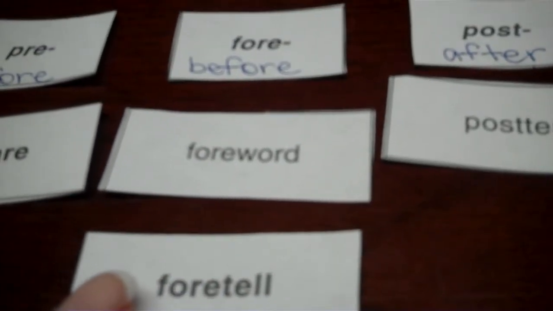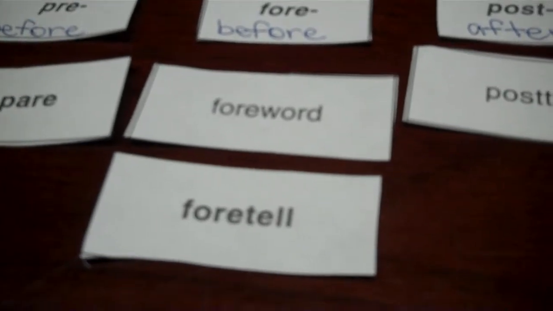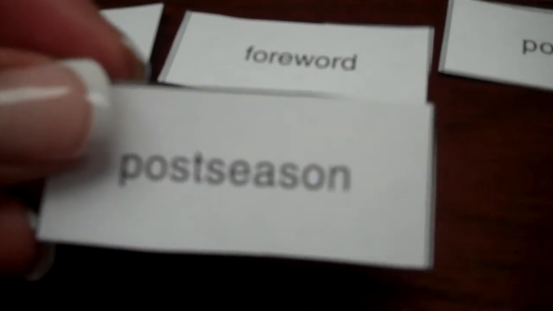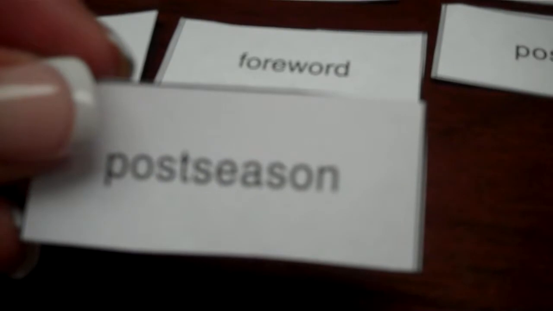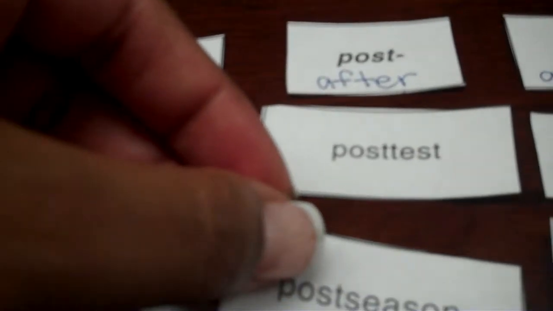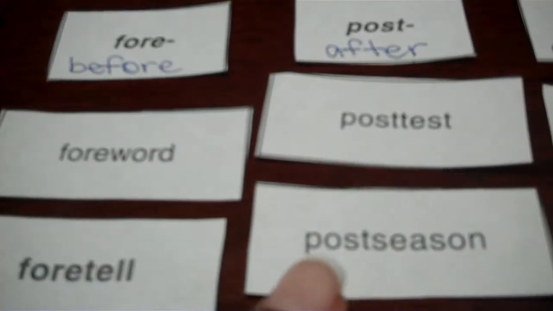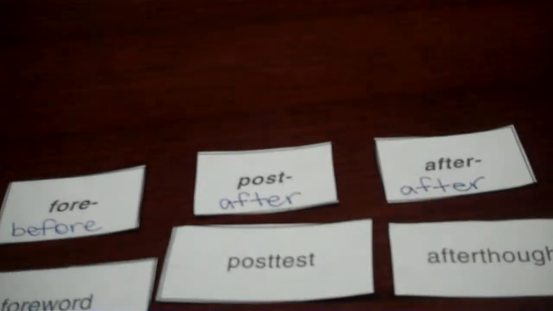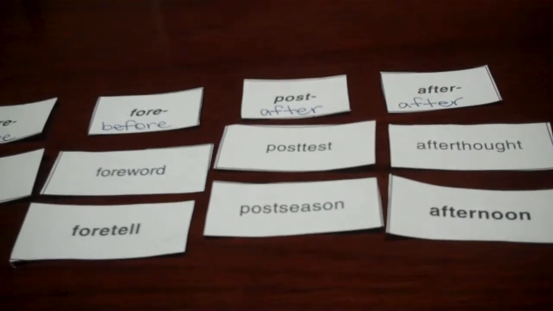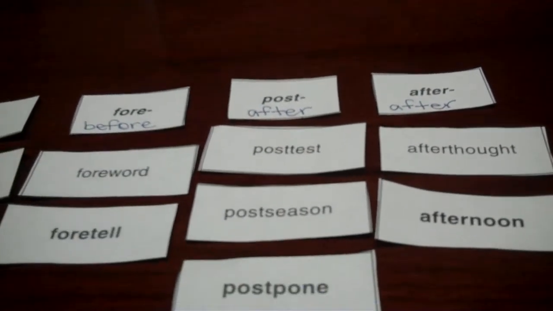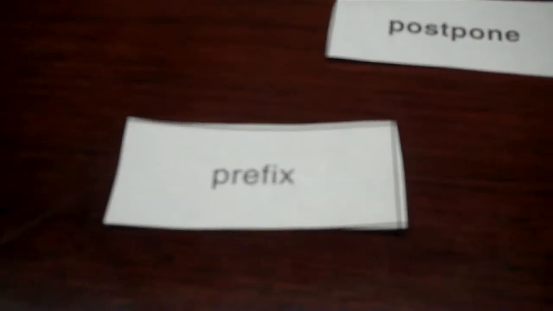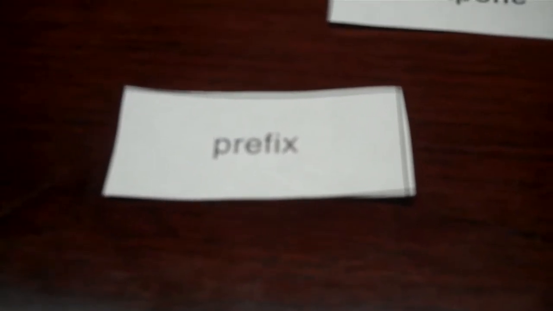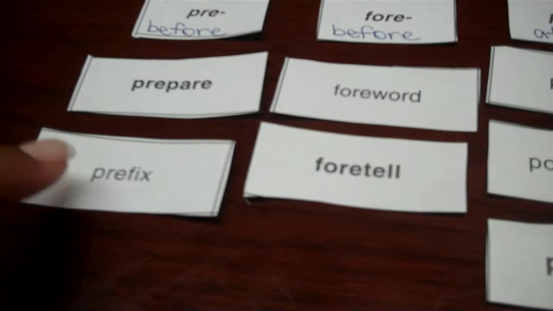Where does that go? Under the fore. Good. Post-season. Where does that go? Very good. In the post column. That means after the season. Postpone, where will that go? Good, in the post column. Prefix, where will that go? Excellent, in the pre column.